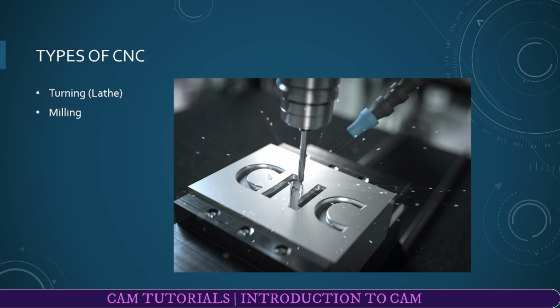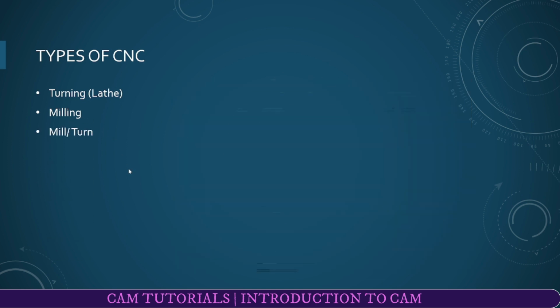Like, for example, the CNC lettering in this picture: you cannot construct this by using CNC turning or a lathe, because the job is not rotating. You will use tool movement to create these grooves here, but you cannot produce that with CNC turning.